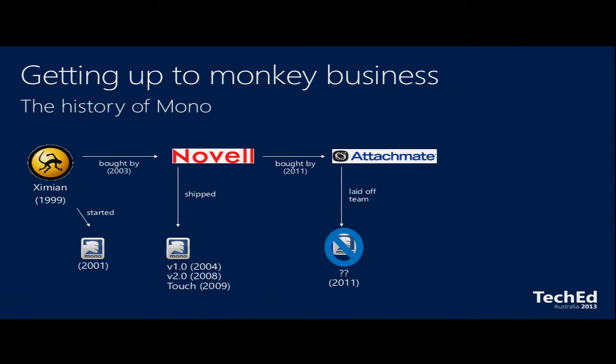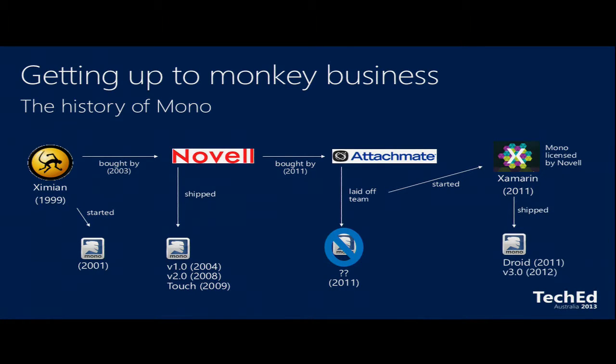Now, Novell does hold some patents around some of the stuff that's been done in Mono, but what happened is the guys from the Mono team went off and they formed this new business called Xamarin in 2011, and then signed a licensing agreement with Novell to basically license Mono from them so that they could take it forward as they have done. So in 2011, they shipped MonoDroid, which is the equivalent of MonoTouch, but for the Android platform, so you can write C# code and deploy it down onto Android devices.